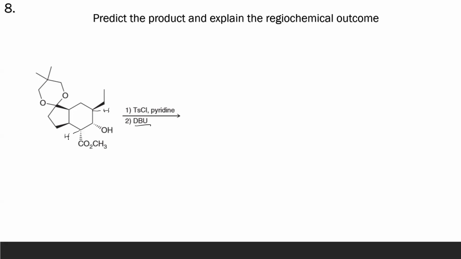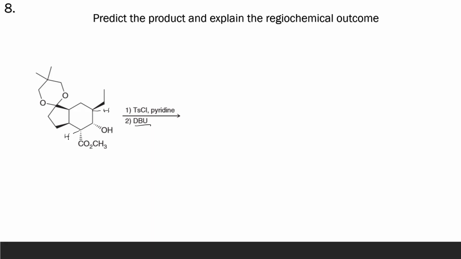Okay, now it says predict the regiochemical outcome. So again, like I've mentioned several times, in E2 reactions, you have this kind of tricky stereospecificity. The proton that's being abstracted needs to be anti-coplanar to your leaving group. It has to be.